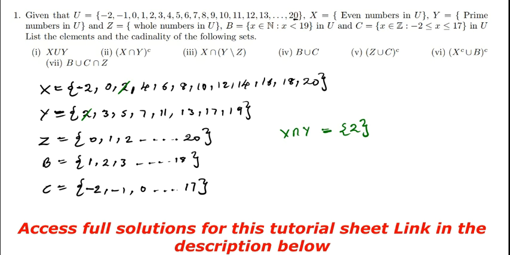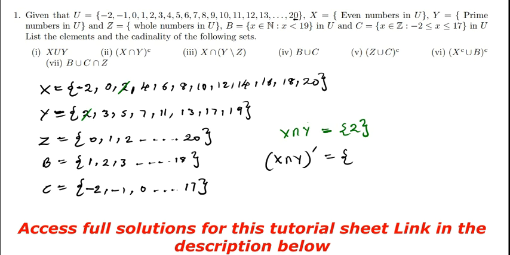Now when we say complement, we are saying elements which are not found in X intersection Y. X intersection Y we just have 2. So X intersection Y complement is every element which remains in X as well as Y, excluding the element which is found both in X and Y. We're just going to exclude 2, but everything else will be included.